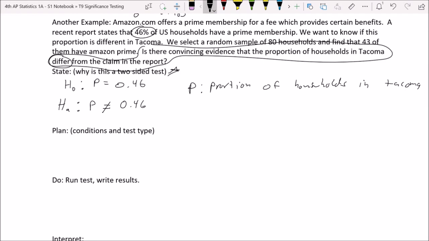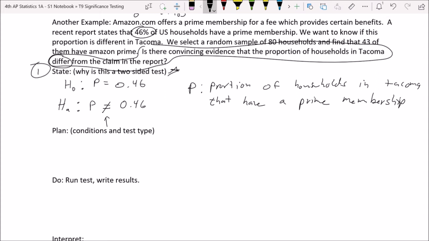I don't want to say differ because I already have that accounted for right here. So it's the proportion of households in Tacoma that have a Prime membership, because that's what the proportion is about. It's about what percentage have a Prime membership. Okay, 1 point down, 3 to go.